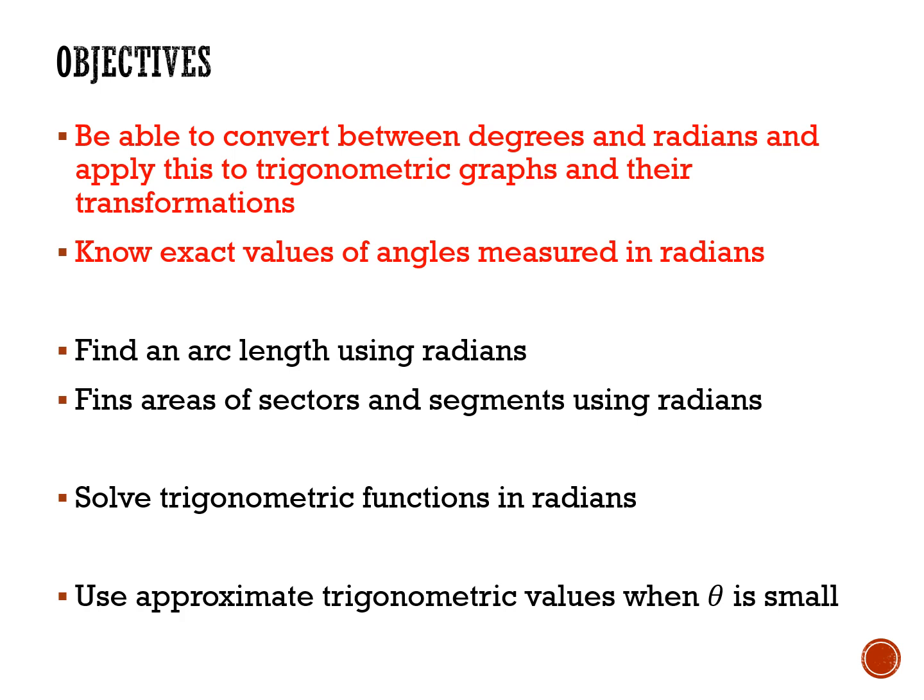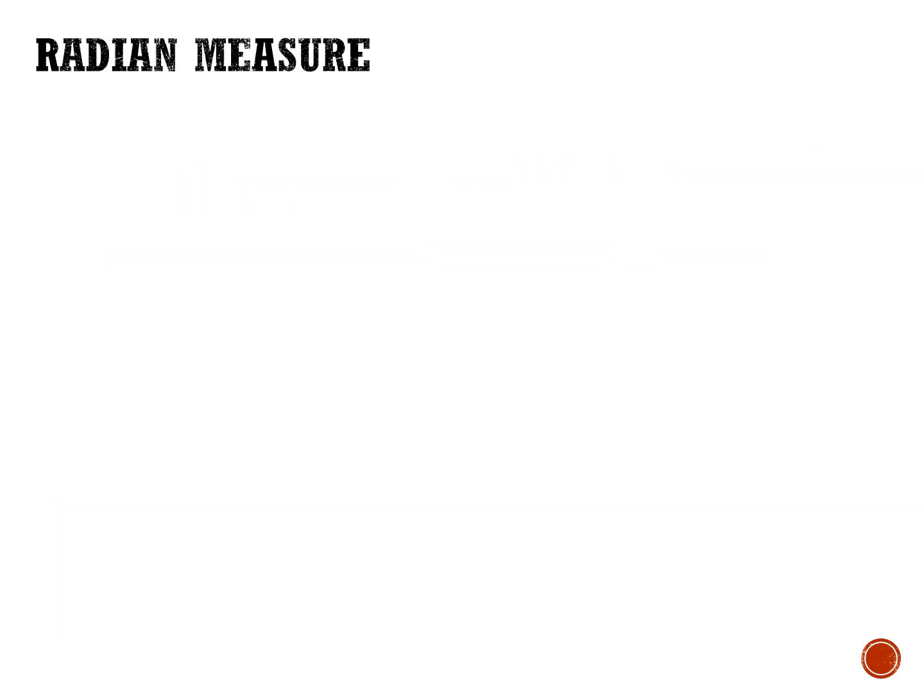So again, you're going to be applying your knowledge that you already have for solving in degrees and do the same thing, but just our answers are going to be working in radians mode. And then a little extra at the end is approximate trig values when theta is small. Okay, so let's have a look first of all at what the radian measure is all about.